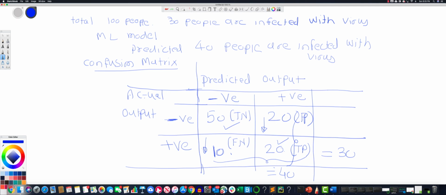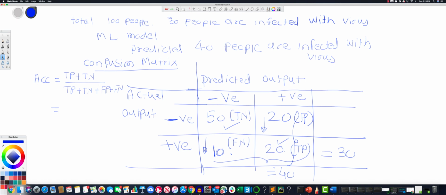Now let's see the first metric, which is accuracy. Accuracy is the ratio of true positive plus true negative divided by true positive plus true negative plus false positive plus false negative. It indicates what percentage of total samples our model has correctly predicted, whether positive or negative.